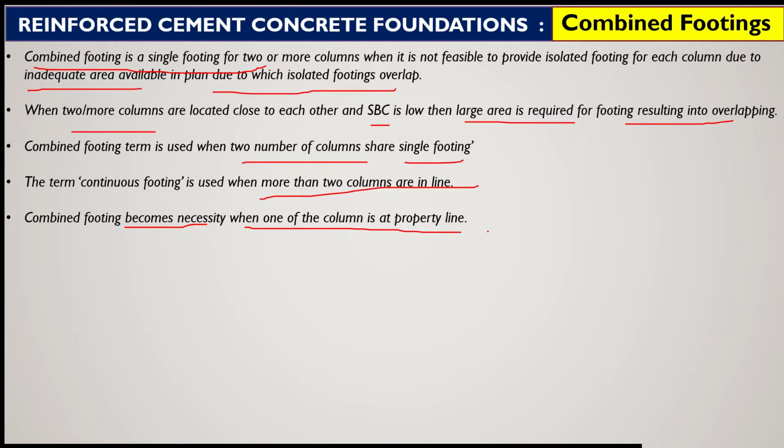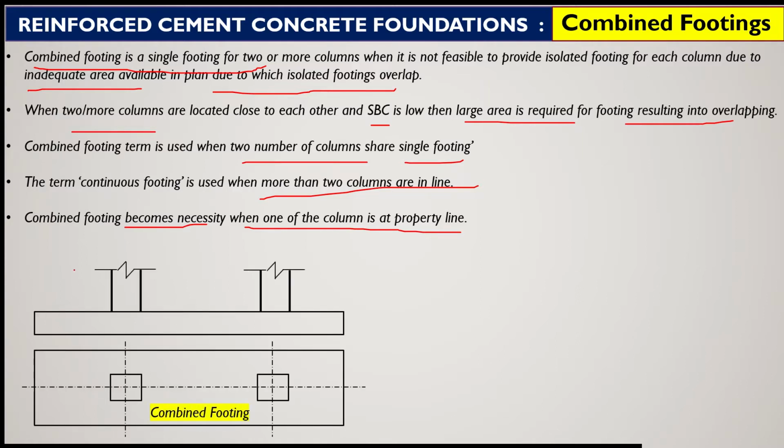That means if a column is touching the property line, then it is not possible to construct a footing for that particular column as an isolated footing, because 50% or more than 50%, 50% or less than 50%, we can say, portion of the footing will be going towards the adjacent plot, which is not acceptable.